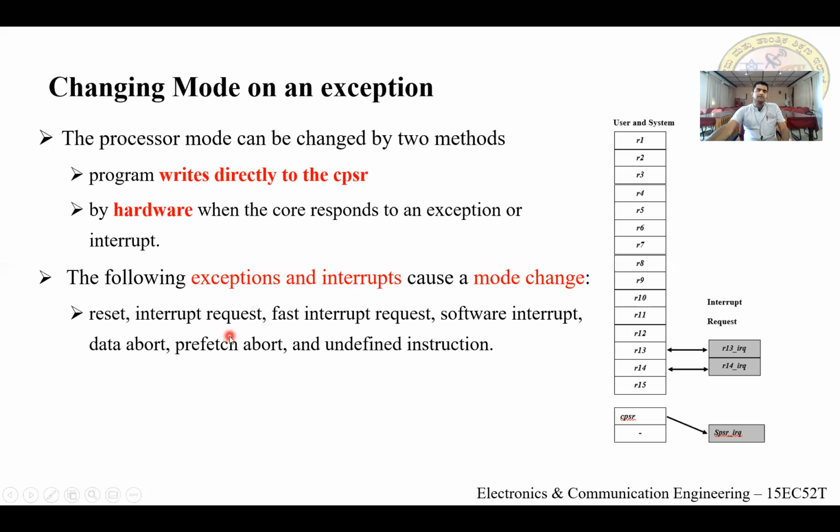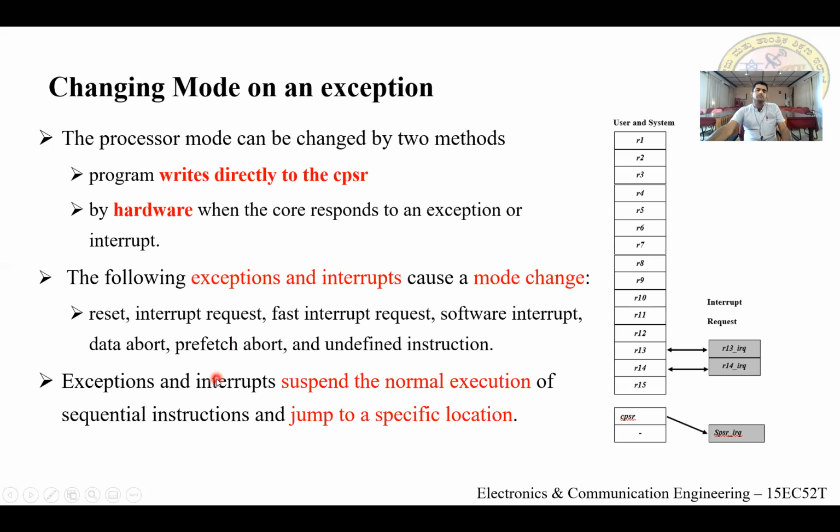When any of these conditions, an exception or interrupt, occurs, the mode will change from one mode to another. The processor suspends the normal execution and jumps to a specified memory location given by the vector table.